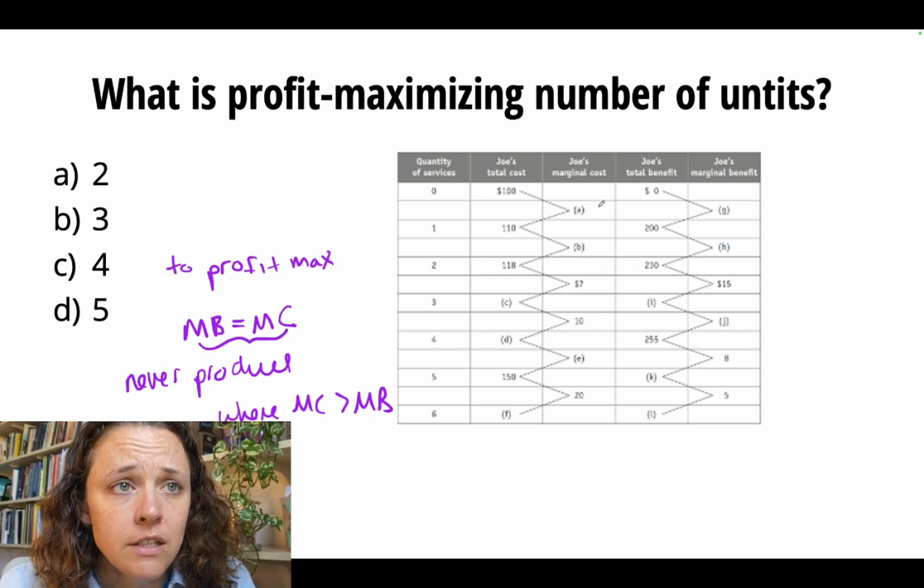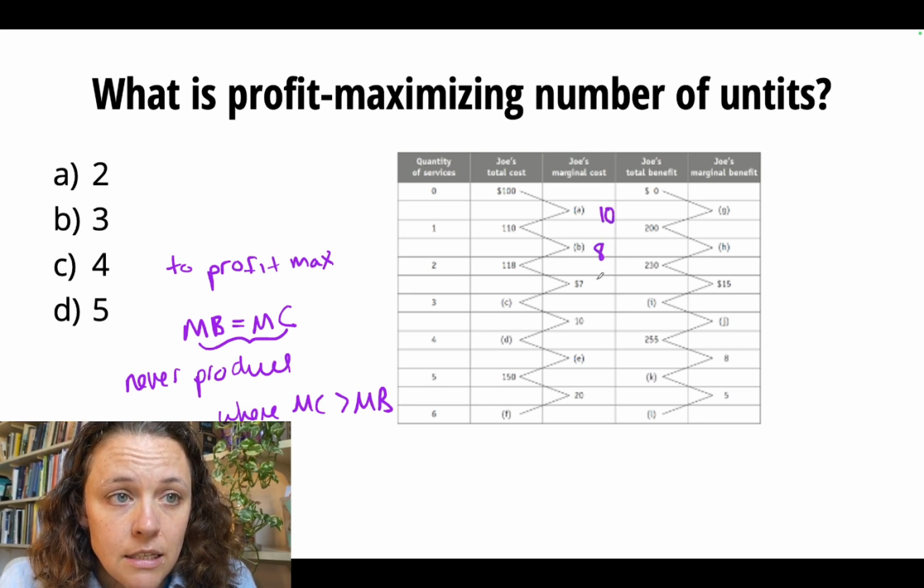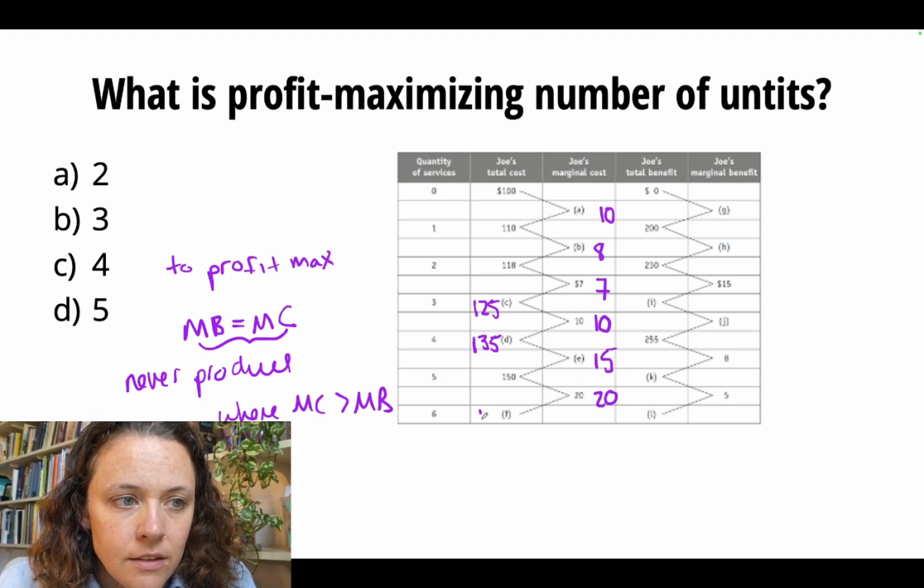So let's fill in these marginal costs again. As before, this was 10, this was 8, this is 7, this is 10. Remember, this is 135. This was 125. Now we have to go up by something to get to 150, so that's 15. Then it's 20, and then this is 170.